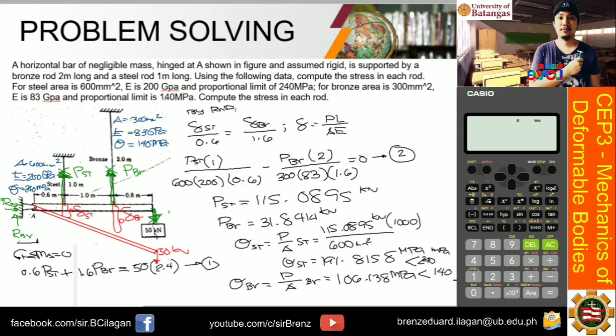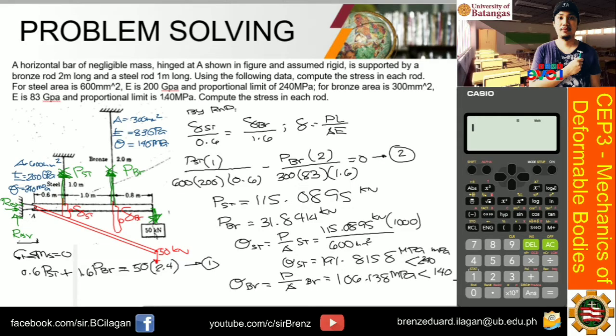Okay, so ano ba yung mangyayari kapag lumampas yung isa dyan? Okay, so if the steel stress, for example, had exceeded the proportional limit, kapag lumampas ka doon, the results would not have been valid and a redesign would be required. Ibig sabihin, hindi siya pwedeng mangyari kasi lalampas ka sa proportional limit.